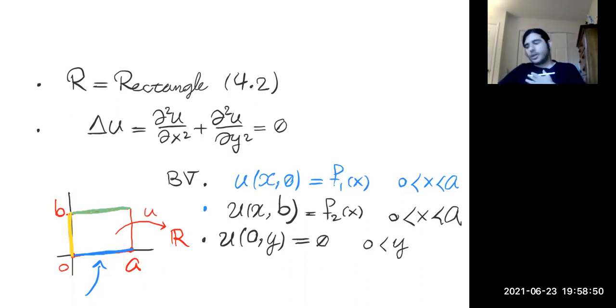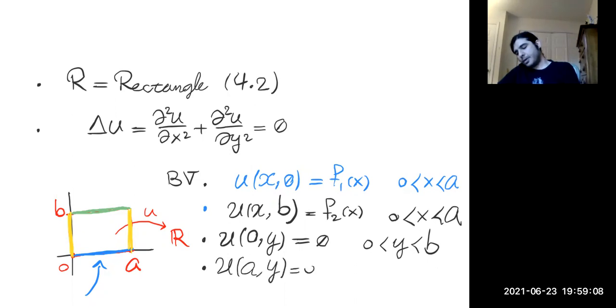This is the boundary value condition we start with, where y changes from 0 to b. Also, let's say we have the same boundary value condition on the other segment. Let's say u is also 0 at the point (a, y), where y changes between 0 and b. And there is no initial condition.